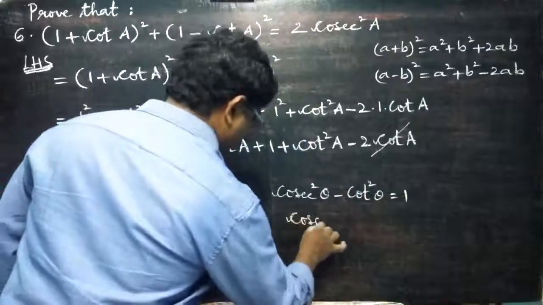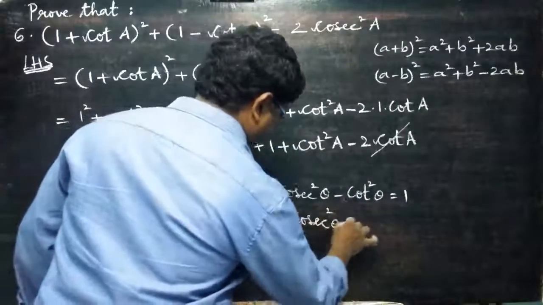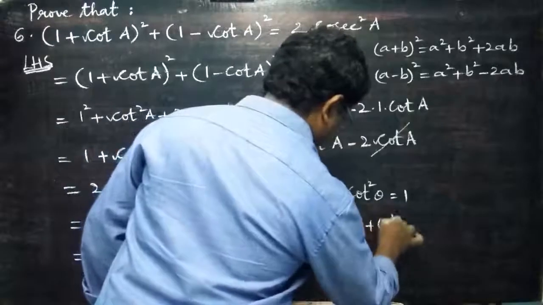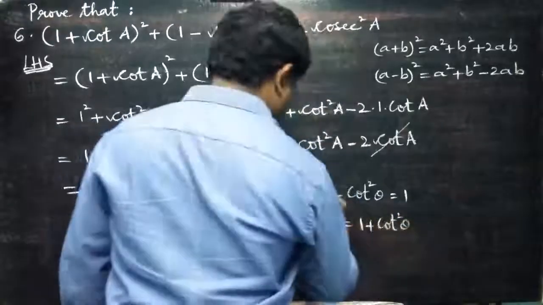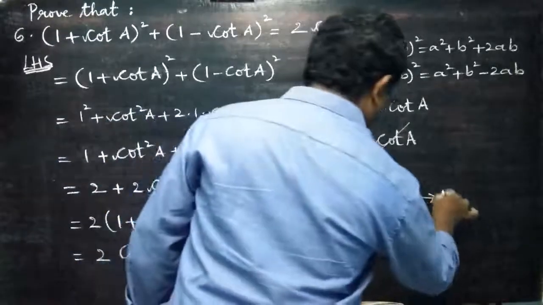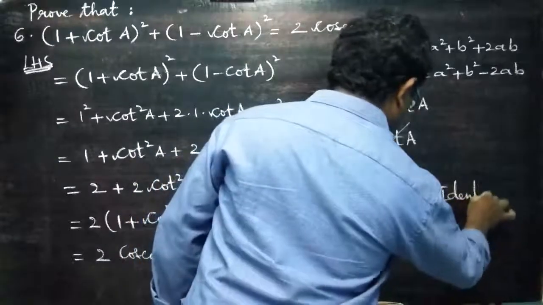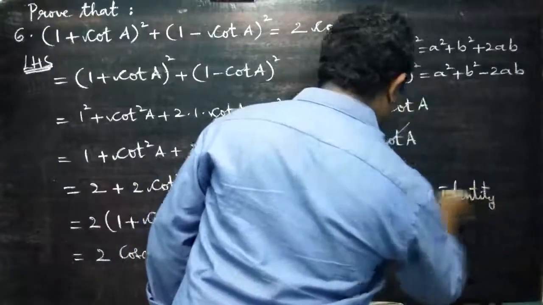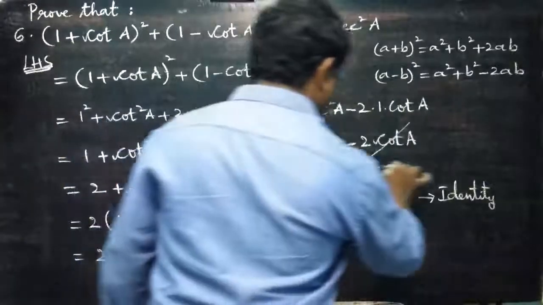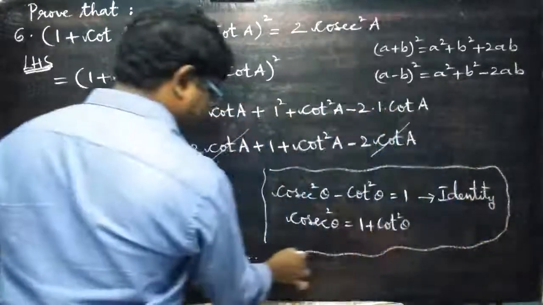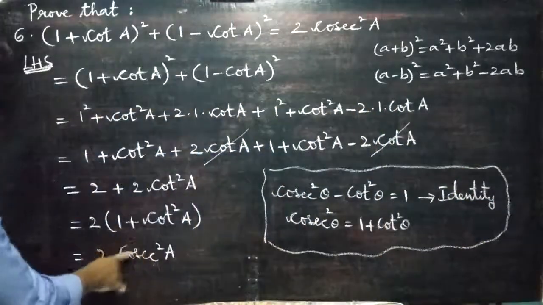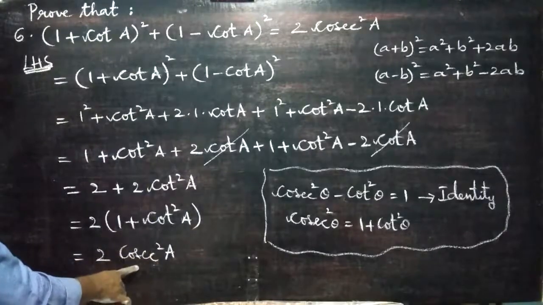So cosecant square theta is what? 1 plus cot square theta. This is from the identity. You have to mention it compulsorily. Using these identities only we are doing these problems. So this identity is very, very important. So we replace 1 plus cot square A with cosecant square A.